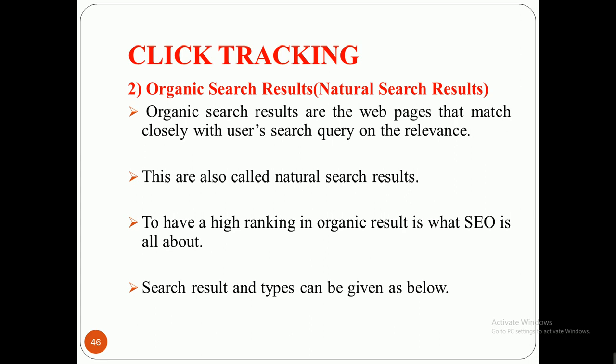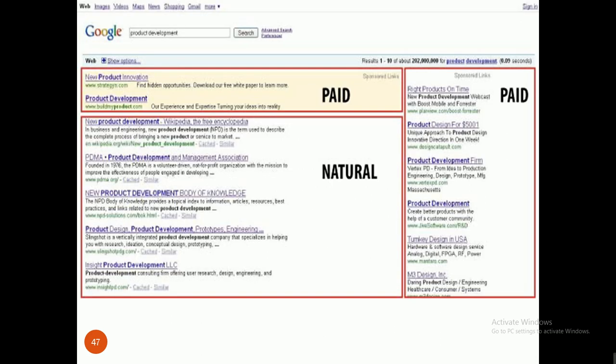Search results and types can be given as below. What are the search and what is the result? You can see in these images. In these images, this is the paid part, that means sponsored links. This is the second part, the sponsored link, and all these links are available in the natural search. You can search any type of query on any search engine.